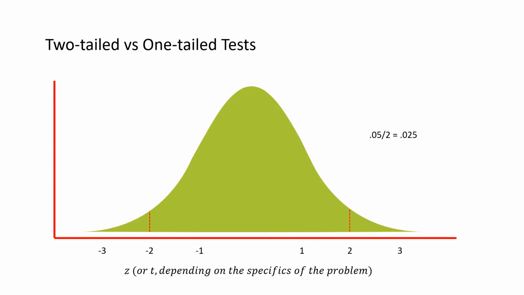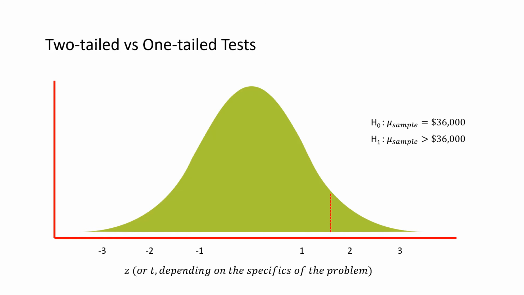This has the effect of moving the sample mean we would need to reject the null hypothesis to the left. Of course, if our alternative hypothesis was that the sample mean was greater than the population mean, then we'd move the required sample mean to the right. In either case, it becomes easier to reject the null hypothesis since, again, the sample mean doesn't have to be as different from the population mean as in the instance of a two-tailed test.